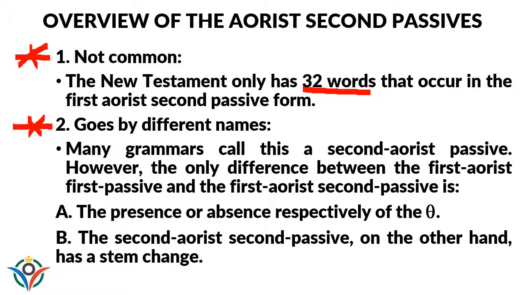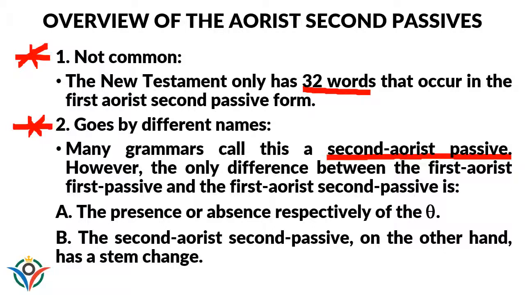And then something that is also good to be aware of is that different grammars use different terminologies. And so if you have read a few different basic Greek grammars or even intermediate grammars, you may have recognized this already, but many grammars call this a second aorist passive. So I've been calling it a first aorist second passive, but some grammars simply call it a second aorist passive, and I just want to make you aware of that.